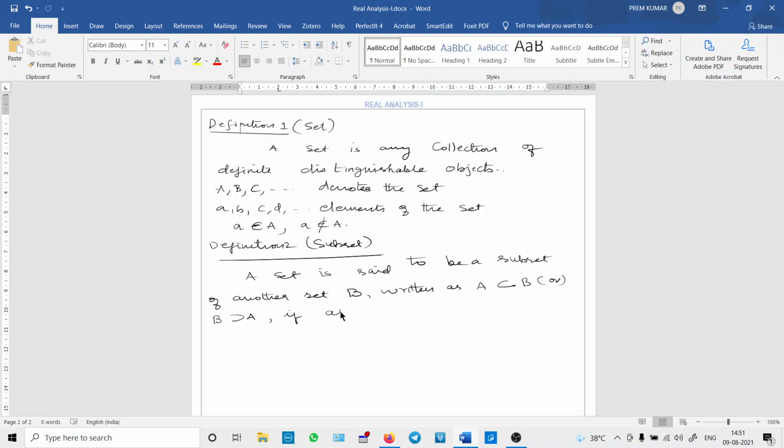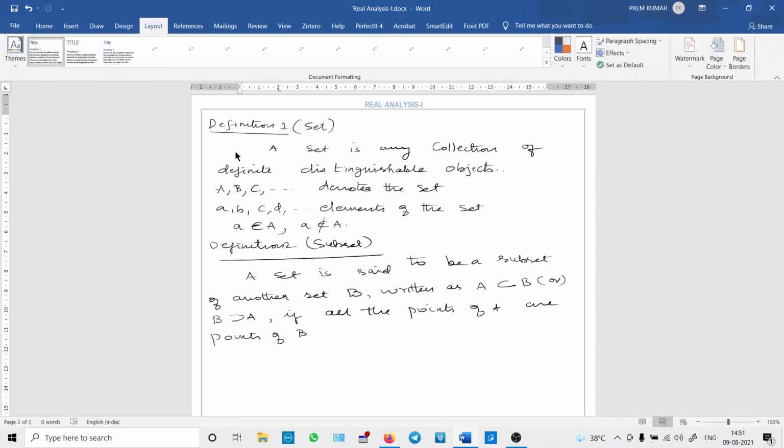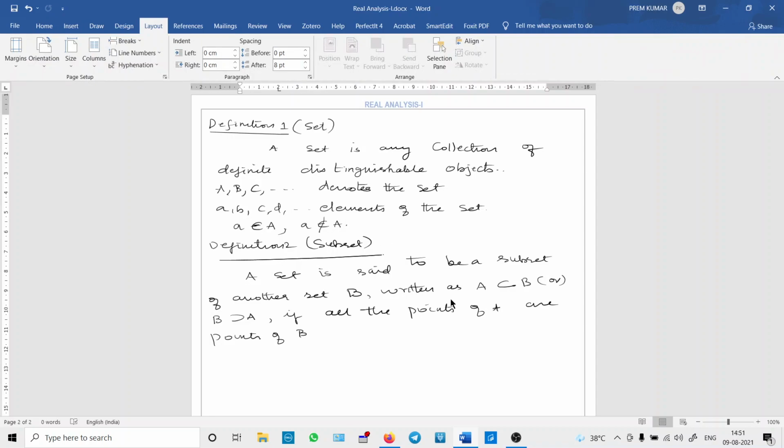If all the points of A are points of B, every element of A is an element of B.